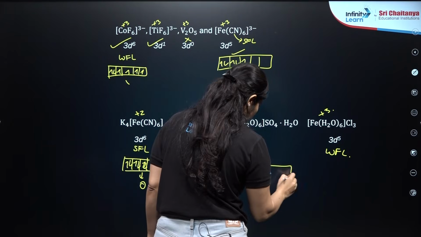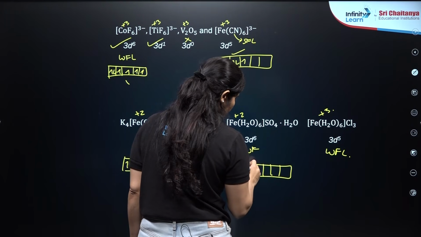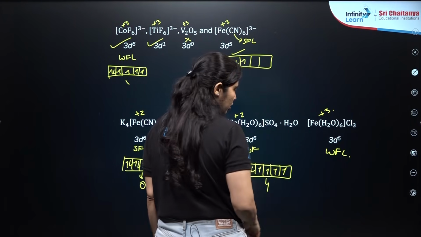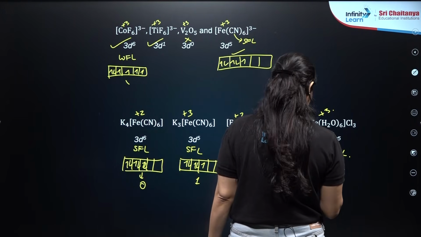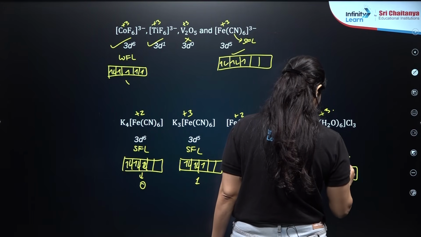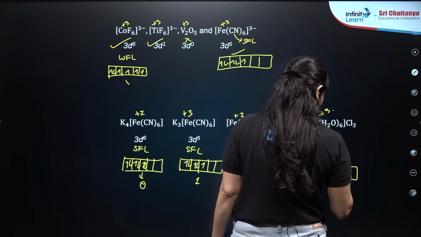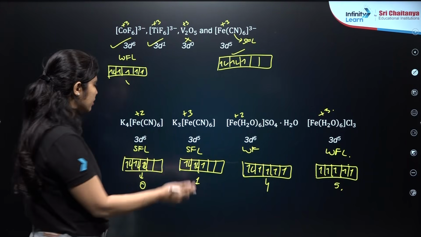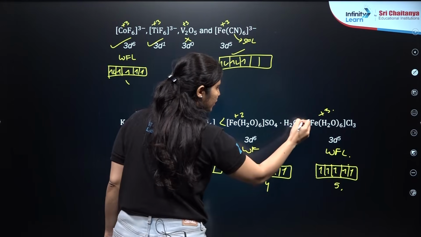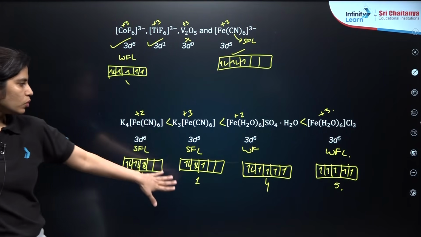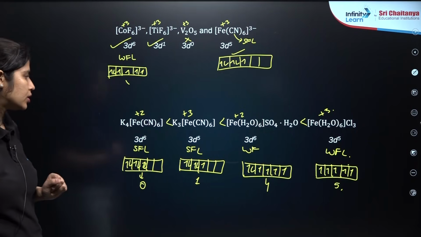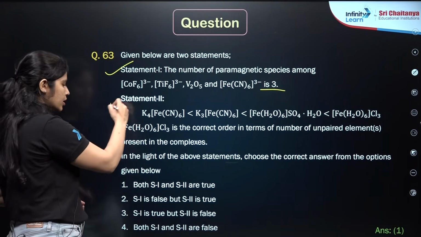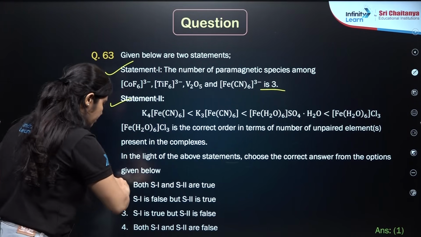Next one, it's a weak field ligand. So it will be 1, 2, 3, 4, 5, and 6, 4 unpaired electrons. And this is also a weak field ligand, as you can see, but this is 3d5. So 1, 2, 3, 4, 5. So there are 5 unpaired electrons. So yes, absolutely, that is correct. The sequence is absolutely fine over here. We have 0, 1, 4, and 5 unpaired electrons present over here. So the order is absolutely correct. Both the statements are fine.